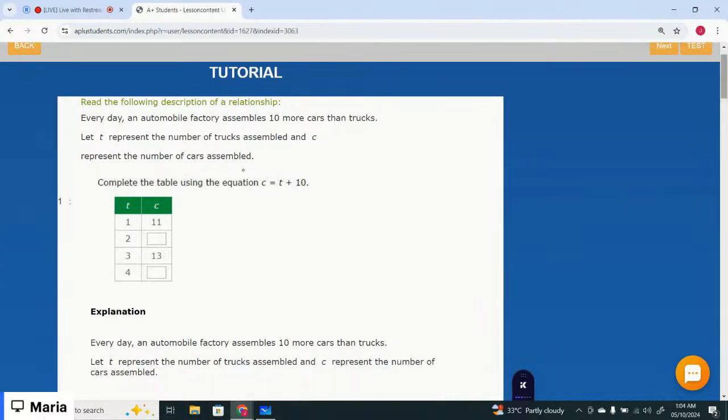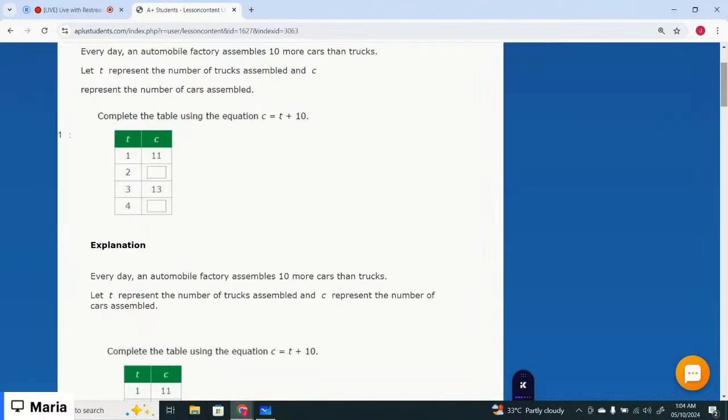You are given the table. You have T and C. Some of the values are missing, right? So how do you find the missing values? Just 1 minute.